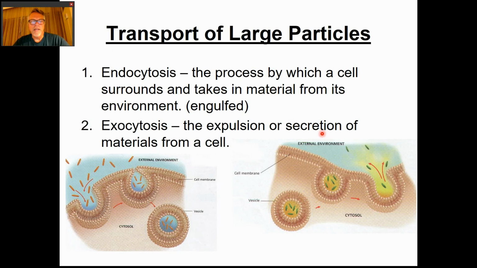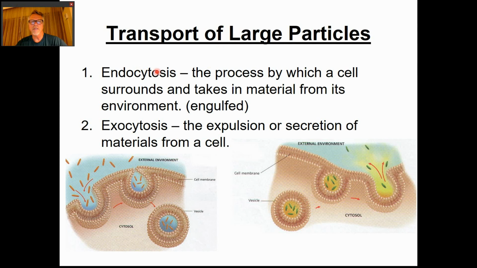All right. Some things are too large even for carrier or channel proteins to get across. Think maybe large food particles for a bacteria, or for example, your immune system has some kinds of cells that need to engulf bacteria. That's part of their immune system job. So sometimes a cell has to transport something large across its membrane. How?